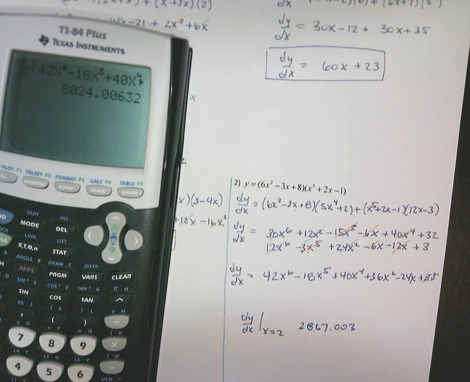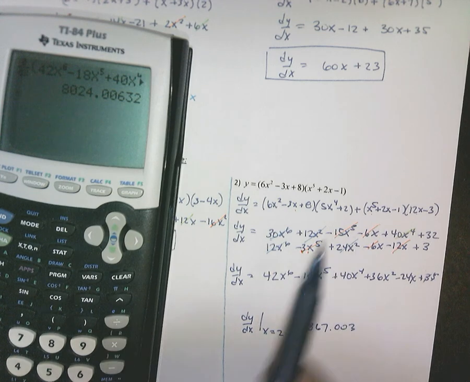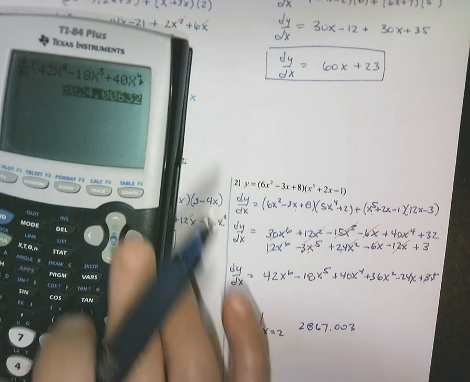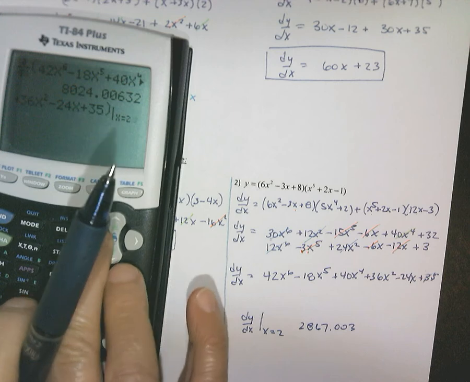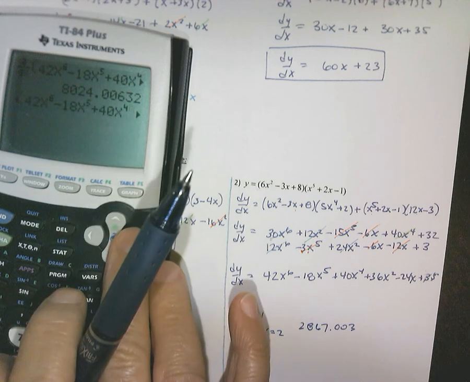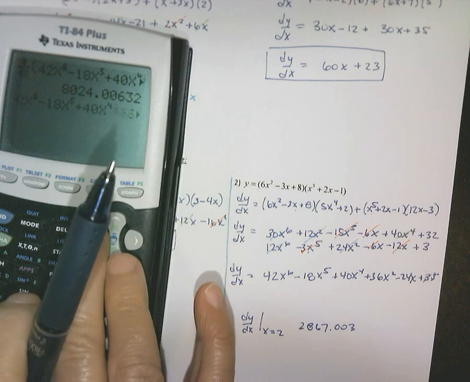This is wrong. So the answer I got before, and I'm going to check that one, and then I'll just cross this off and write the correct answer. I've made the mistake back here, and I don't want to waste time going back and looking. So the one I got before, I'm just going to go up here and change it. I got 42x to the 6th, so that I got the same. I have minus 6x to the 5th.